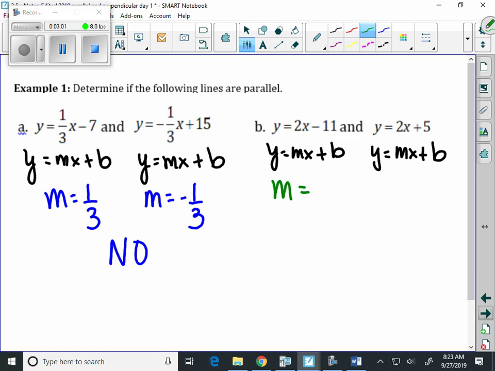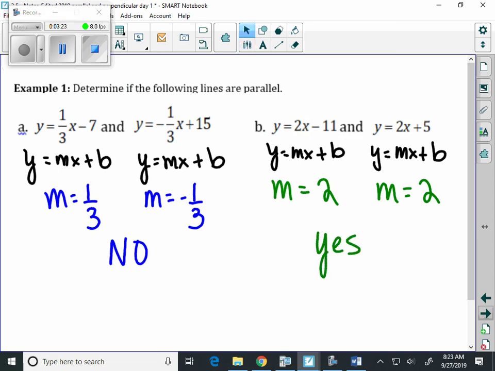And in this case, our slope is 2 for our first line. Over here, our slope is not y, but m. The abbreviation for slope is 2. And what we see then in this one is that the slopes are exactly the same, which means that they are parallel.